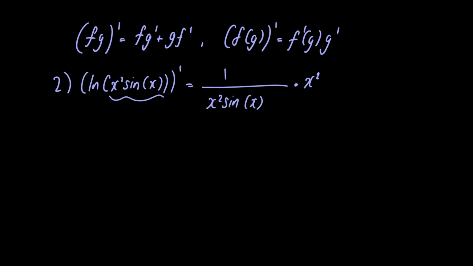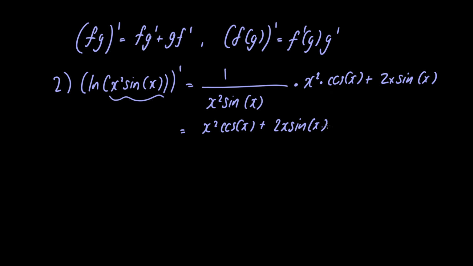We're going to have x squared multiplied by cosine of x plus 2x multiplied by sine of x. This is equal to x squared times cosine of x plus 2x times sine of x, all over x squared times sine of x.